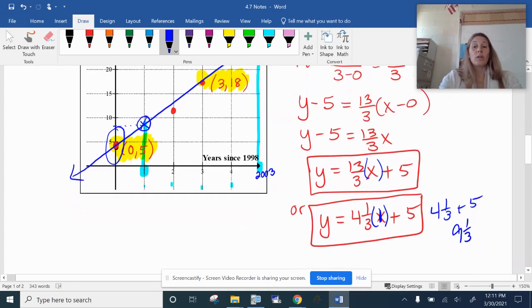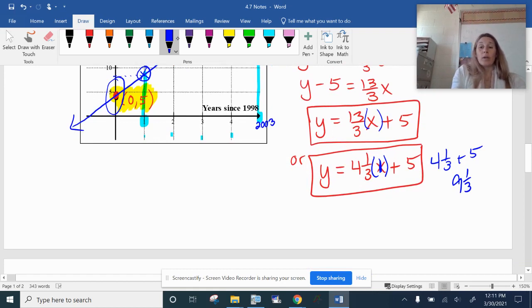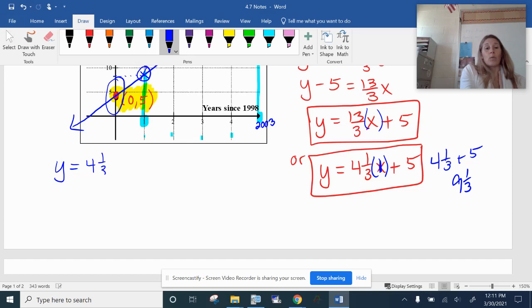So in that situation, just like I showed you here, we would just use our equation. So my equation is 4 1/3 times x plus 5. Now the year 2003 is going to be 5 years since 1998, so I'm going to put a 5 in there.